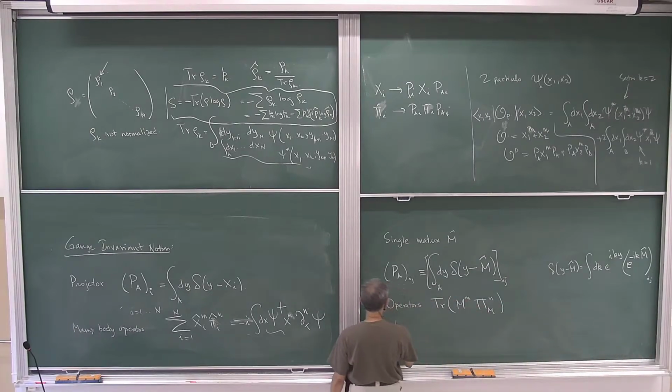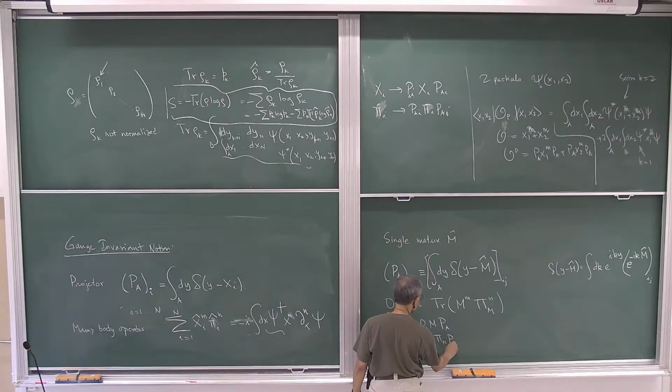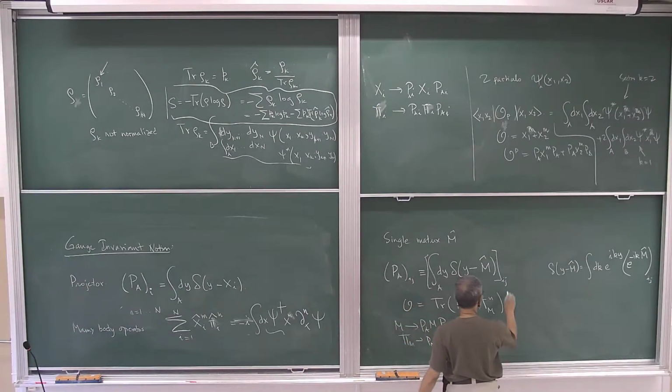So you replace each M by P_A M P_A, you get a new object, and each pi M by P_A pi M P_A. Stick it in. What do you get? With some operator O, you get a projected operator.